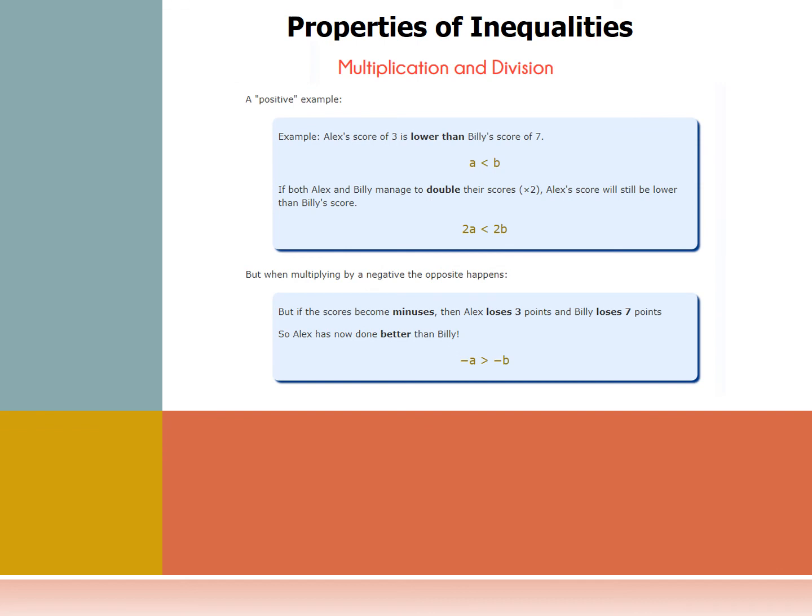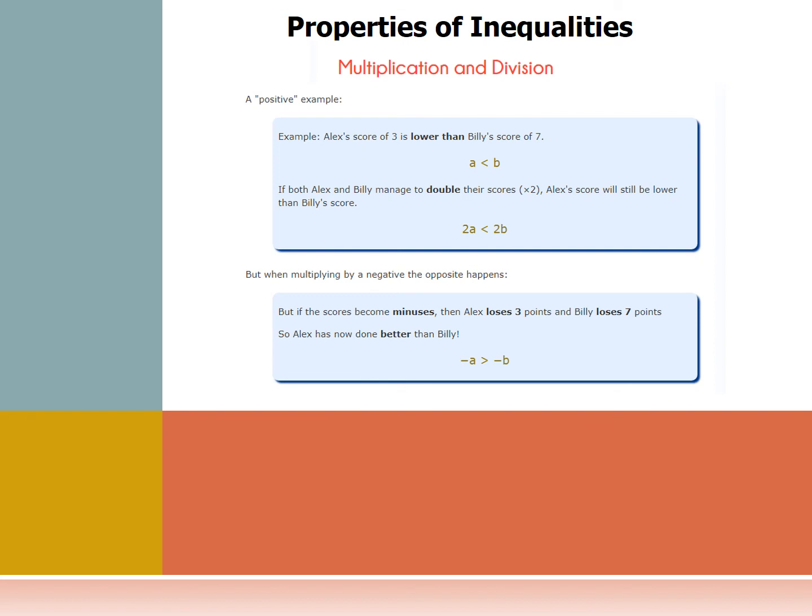Positive example: Alex's score of 3 is lower than Billy's score of 7, like A less than B. If both Alex and Billy manage to double their scores, multiply by 2, Alex's score will still be lower. This is an example of when we multiply by a positive number.